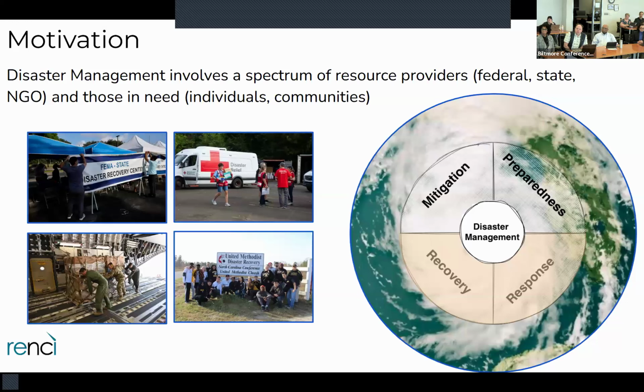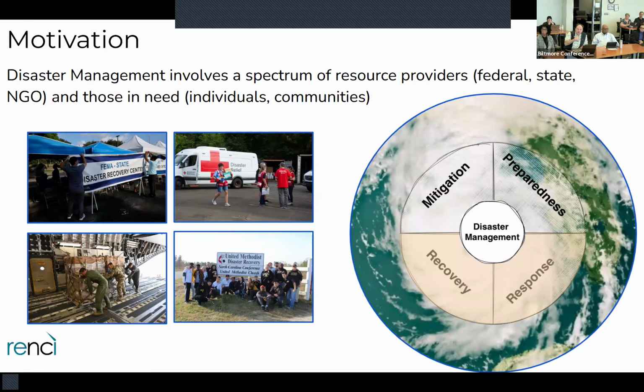So disaster management. This is not a presentation about disaster management, but I think it's important to think about what happens when disasters occur. You have to manage them, and who's doing the managing can be local, state, federal, NGOs. And really there are four phases to this. Beforehand, you think about mitigation and preparedness, and after the fact, you think about recovery and response.